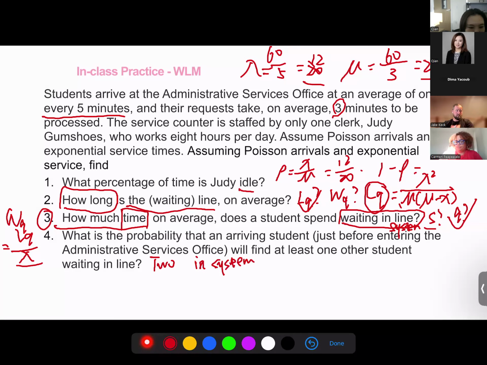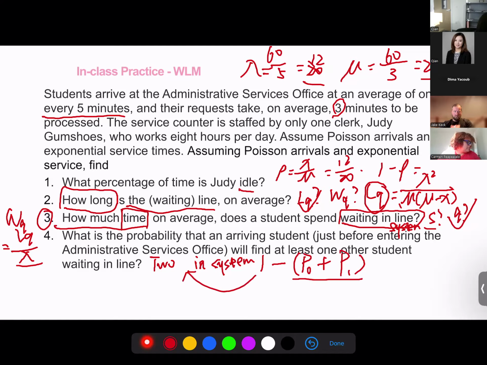At least 2. Then this probability equals, we know P0 means 0 in the system, and P1 means 1 in the system. And if we use 1 minus those probabilities, we will be able to get this.